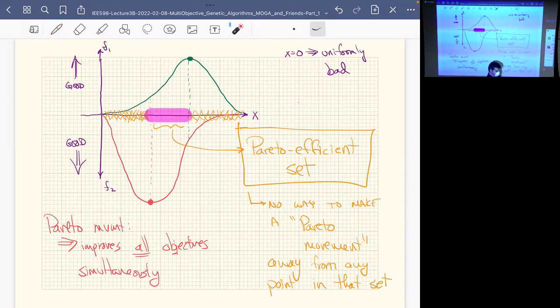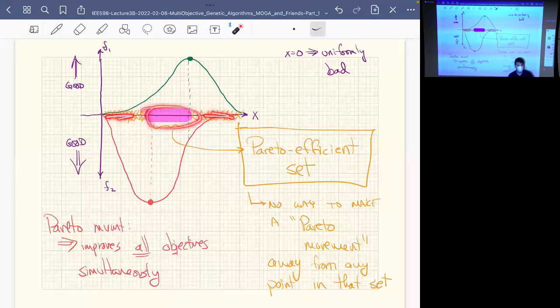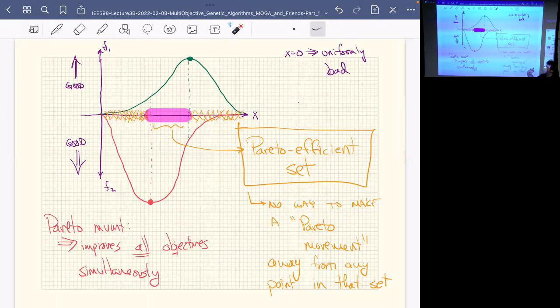So we say that for the points outside this region, I can make a Pareto movement. I can make a change in this decision variable, say moving to the right or to the left, that causes all of the optimization objectives to go up. And that means they are Pareto inefficient.